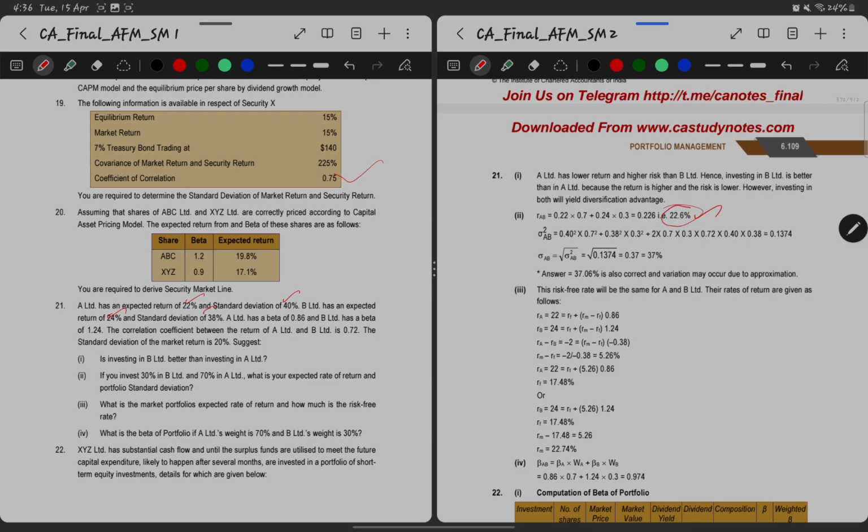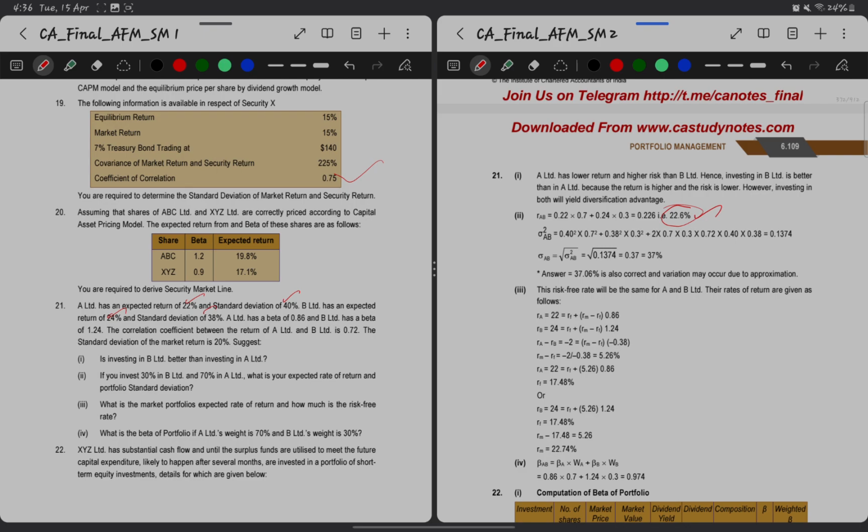Portfolio standard deviation we have to find out separately. It will not be a direct weighted average, as we have discussed in our previous problems and discussions. We know that in a portfolio, if we are investing in more than one security, two or more, the risk of individual securities will be more, and compared to that the portfolio risk will be less.